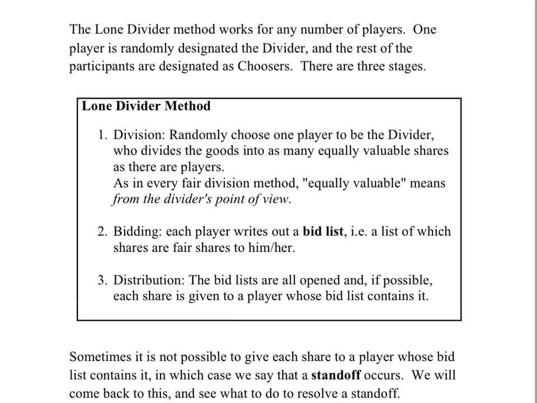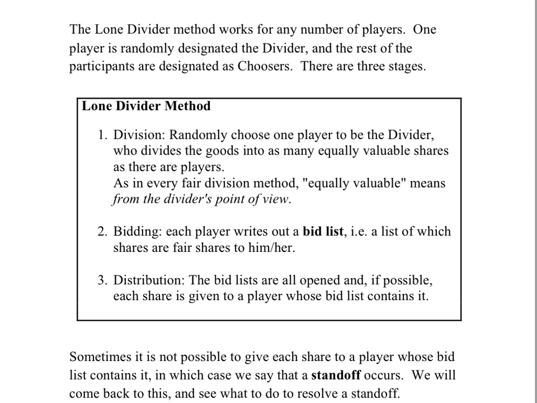This is what we hope for. Now, sometimes it's not quite possible to pull this off. It doesn't quite work out that we can give each share to a player whose bid list contains it. We'll see what that means and how to resolve it. That situation is called a standoff. But the typical situation has the matter resolved at this 3rd stage right here.